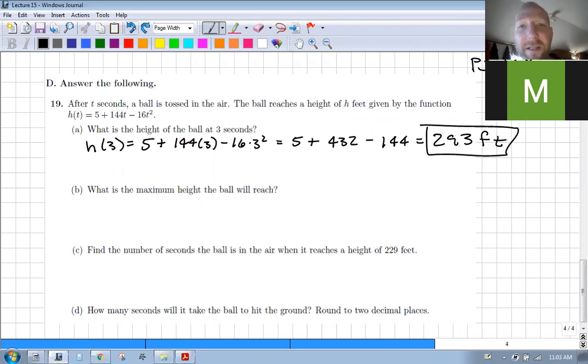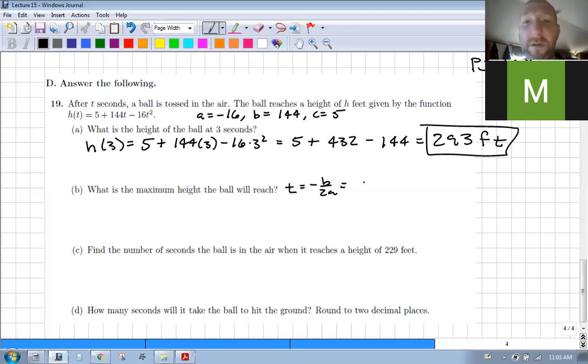The maximum height the ball will reach, well, first we have to use our vertex formula. First, we'll find the time at which it reaches its maximum height, and then we'll plug that time in. So the time when it reaches its maximum height is negative b over 2a. Let's see. A is negative 16, B is 144, and C is 5.